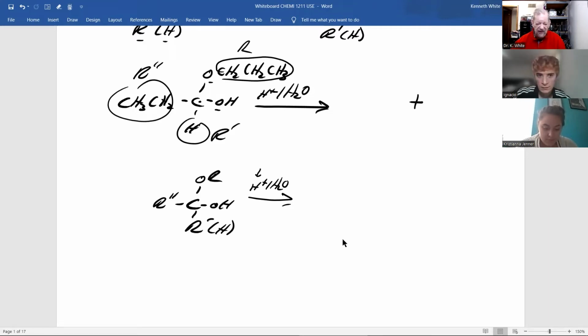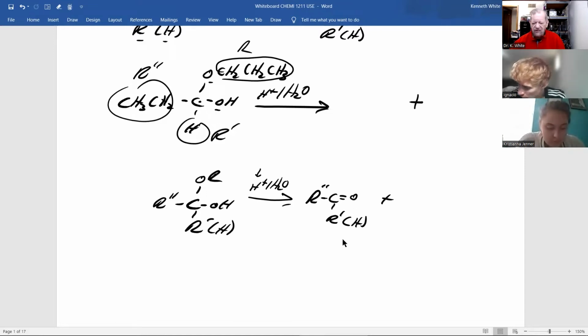We'll talk more about that when we get into carbohydrates and proteins and fats and oils. And what you get back is the ketone or aldehyde you would have used to make that compound, plus the alcohol you would have used to make that compound. And if we look at this carbon with the two oxygens, it becomes the carbonyl carbon, I'll draw that. What's attached to it?